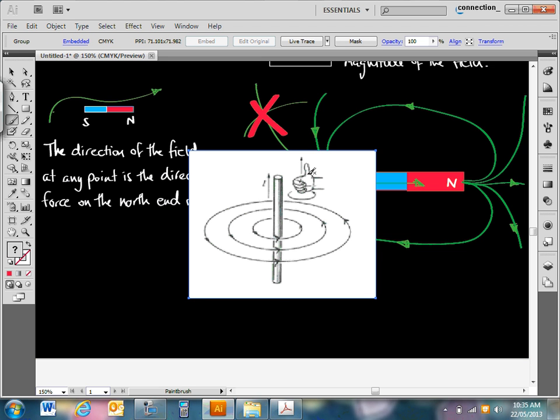Okay, so thumb in the direction of the current. This is the right hand rule. Thumb in the direction of the current, and your fingers wrapping around that wire show the direction of the magnetic field. Okay.